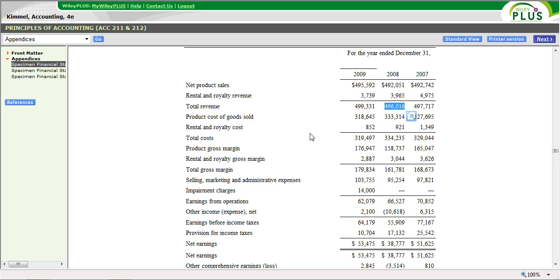And in the BYP problem, it says use the quote product lines because there's multiple things in revenue. There's multiple costs of goods sold, and there's multiple margins. That's why they had to tell you to use the product versions of these lines. So product gross margin is right here, and product sales is right there. So for 2008, it's this number divided by this number.